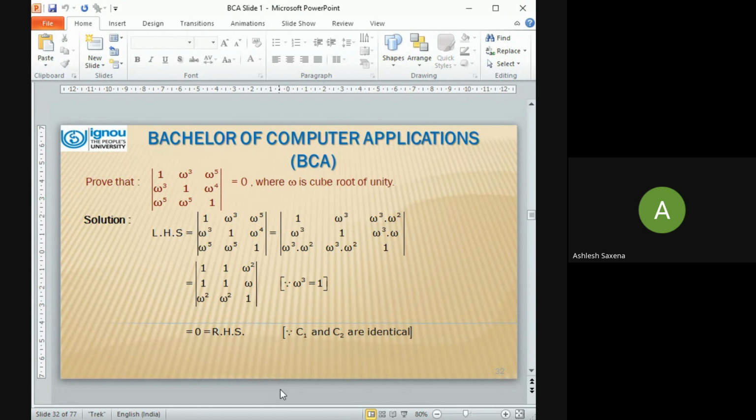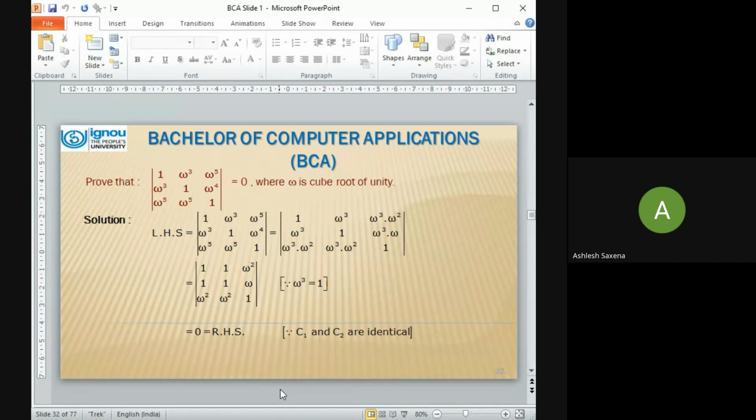Column 1 and column 2 are identical. Omega 5 can be written as omega square into omega cube. Omega 4 can be written as omega cube into omega.